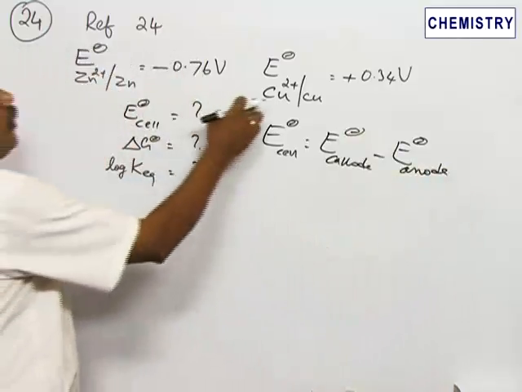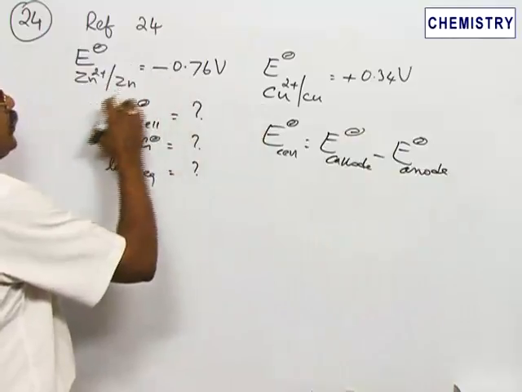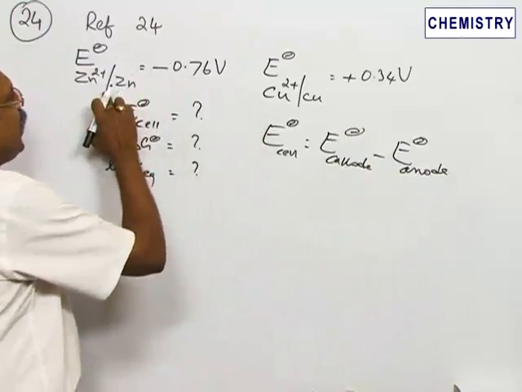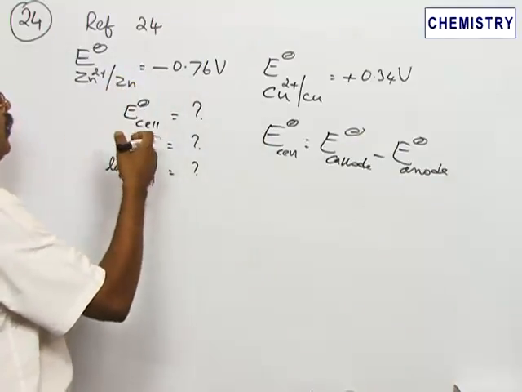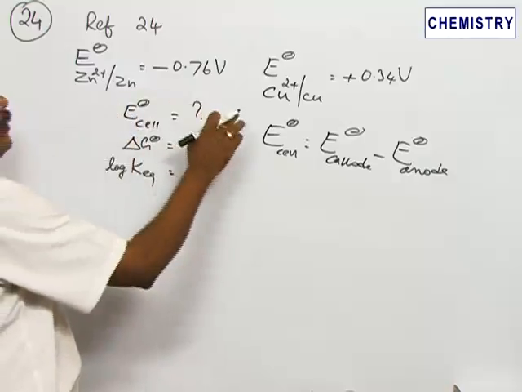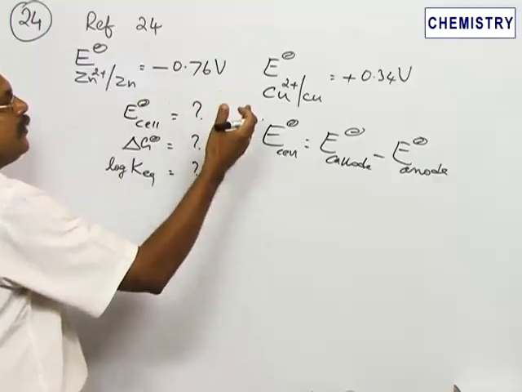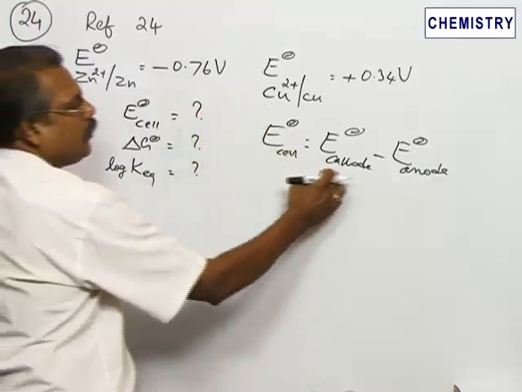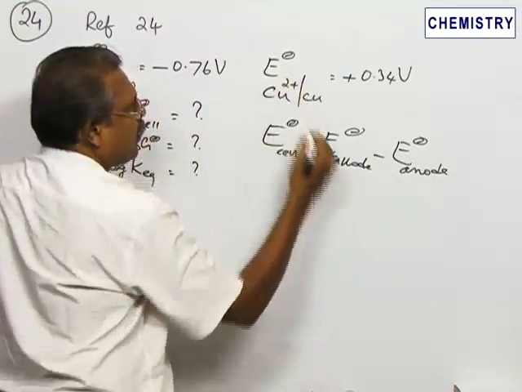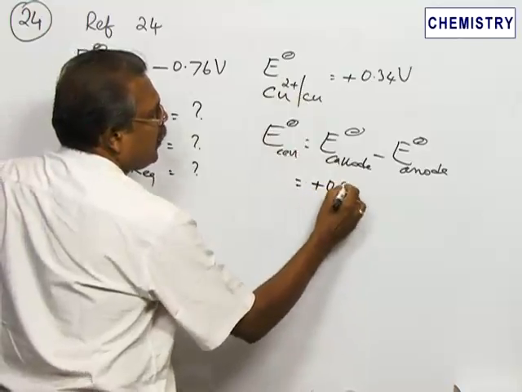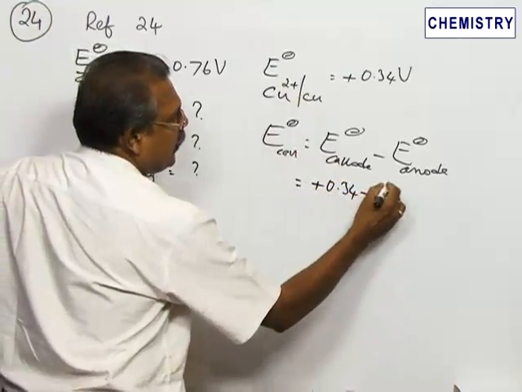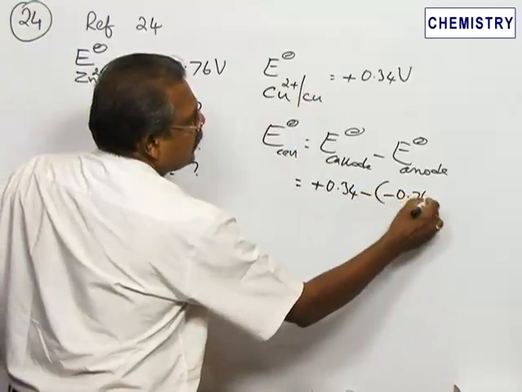Now, zinc and copper, which one acts as anode and which one acts as cathode? The electrode having lesser electrode potential will act as anode, and the electrode having higher electrode potential will act as cathode. So cathode minus anode: higher value for copper, that is plus 0.34 volt minus minus 0.76 volt.